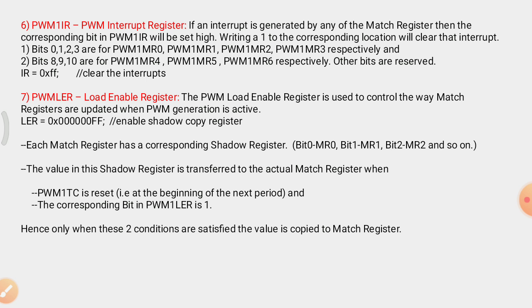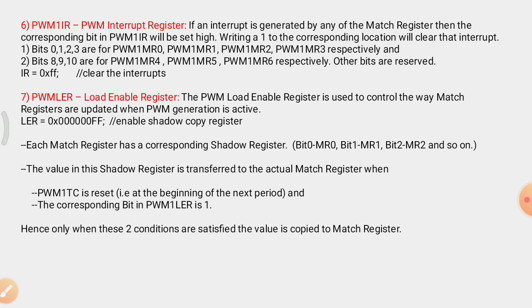The value in this shadow register is transferred to the actual match register only when two conditions are met. First, when the PWM1 TC, the timer counter, is reset, that is, after reset it is going to begin the next period, and second, the corresponding bit in the PWM1 LER is equal to 1.